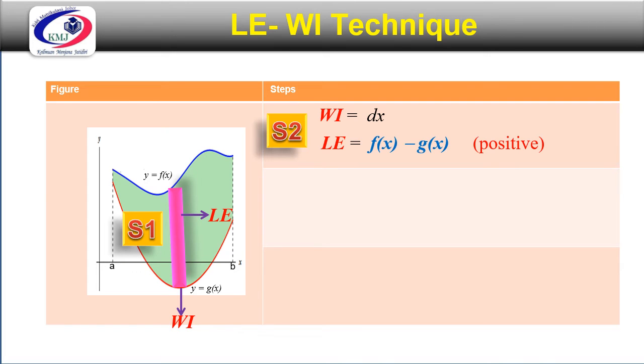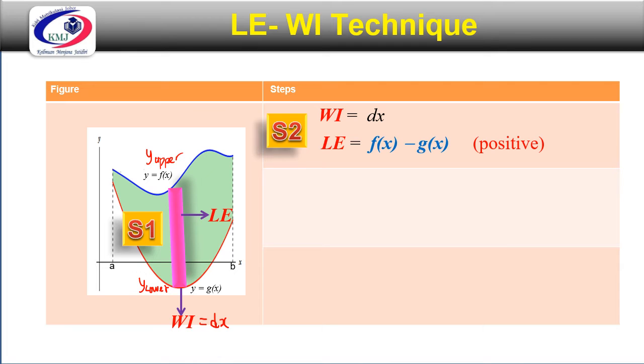For width, since the width is the difference of the value of x, we will denote it as dx. And for the length, we always use the y upper, subtract the y lower.